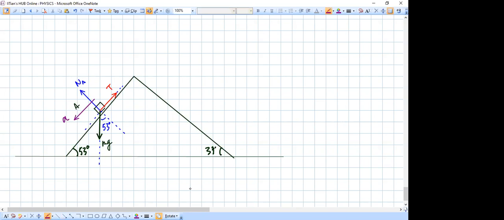Okay. And similarly on the other side, we have the block B. So on that also similar forces are acting. Weight is acting vertically downwards. So same mass, so same weight. Okay. Tension will act along the inclined plane. So tension is acting parallel to the inclined plane.